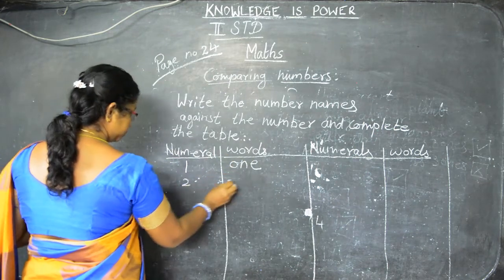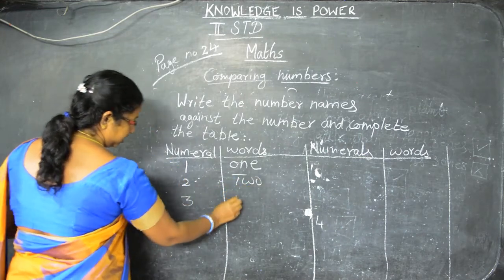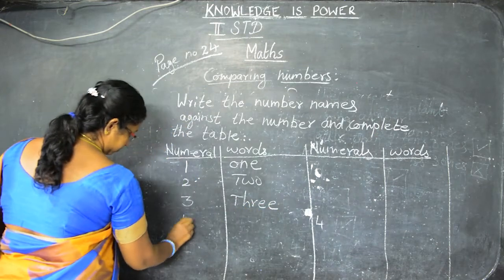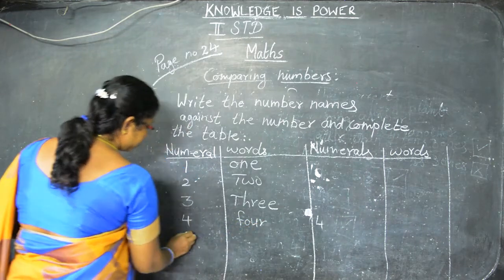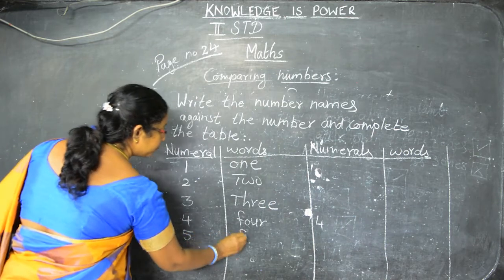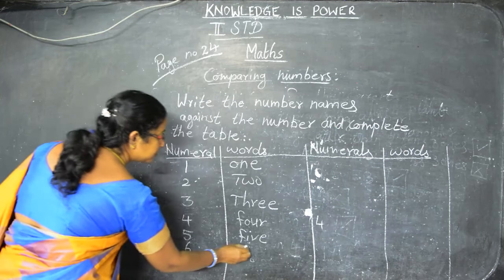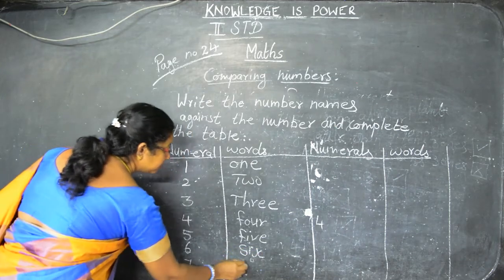Okay. 2. T-W-O. 3. T-H-R-E-E. 4. F-O-U-R. 5. F-I-V-E. 6. S-I-X. 7.